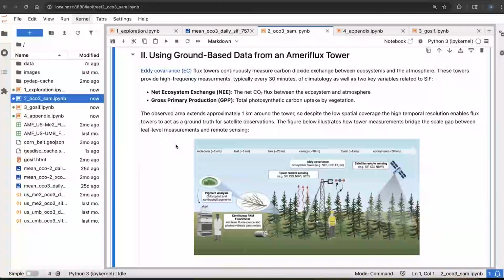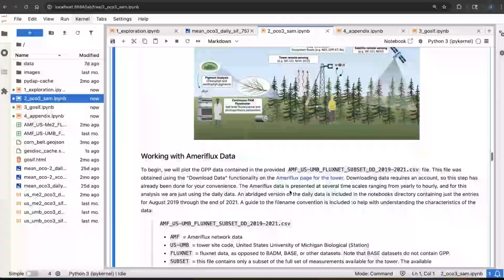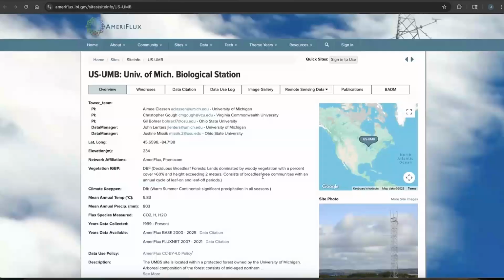Let's briefly pull up the Ameriflux page for the UMBS tower anyways, so that we can see what the information that gets provided for a given tower looks like. I'll do that by clicking on the link that we've included in the description text. Okay, so looking at the Ameriflux website, we can see that the coordinate that I input into Google Maps at the beginning of this lesson is included right here.